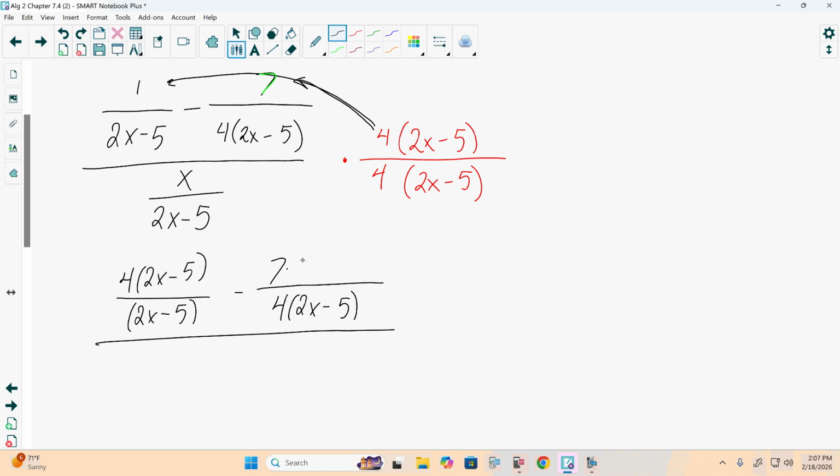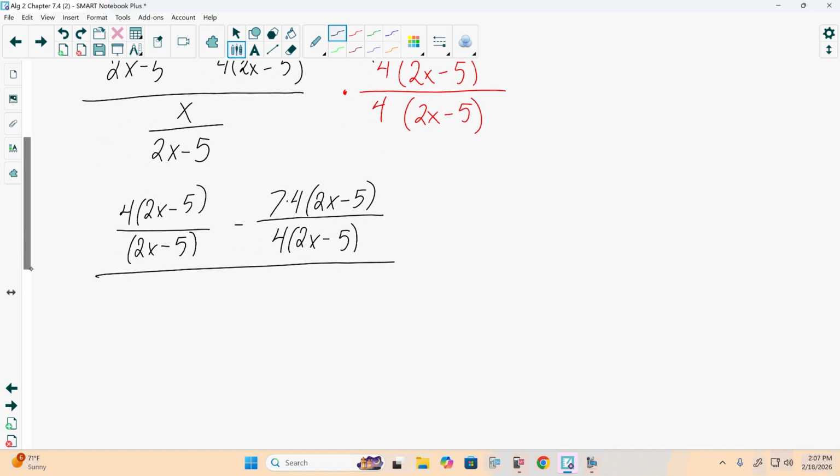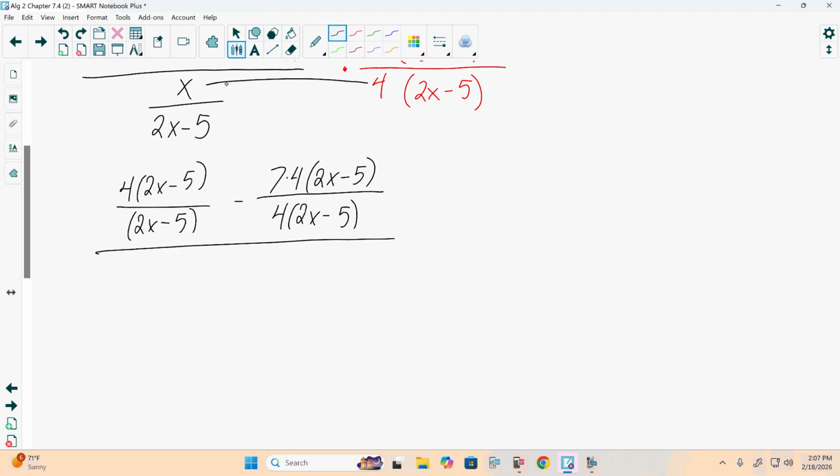We could do 7 times 4 times 2x minus 5, if you want to write it out as 28, because our 4 times 7 is indeed 28. That works too. Do the same thing on bottom. Our 4 times x is 4x times 2x minus 5 over 2x minus 5.